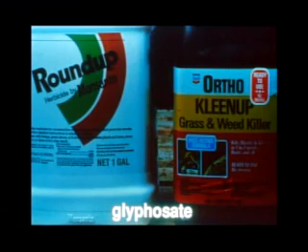Both of these contain the common name glyphosate, and glyphosate is, if you look on the jug there, you can see that that's the active ingredient. And then there's also the chemical name, which describes how the chemists put it together. So just remember, all pesticides have 3 names: a trade name, a common name, and a chemical name.